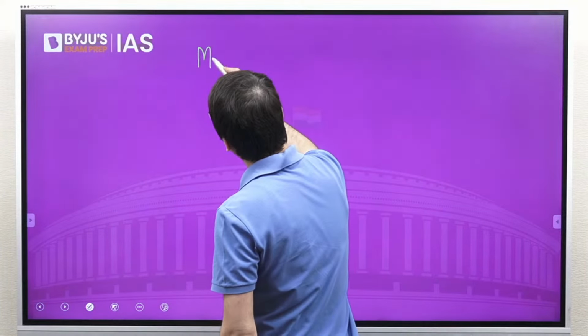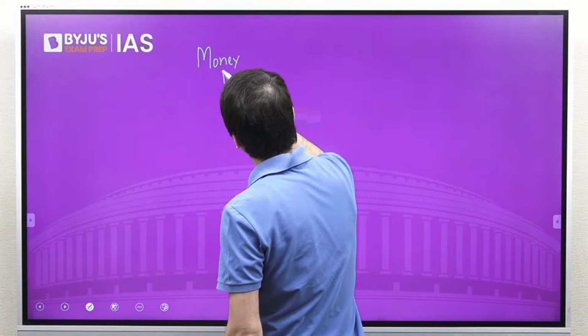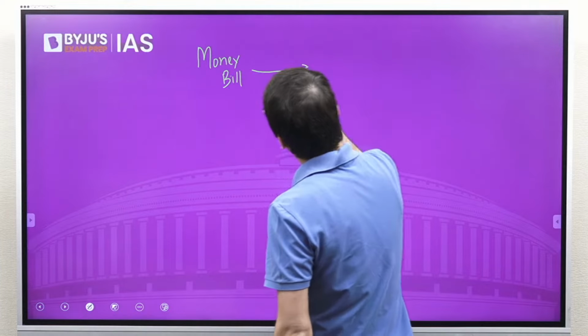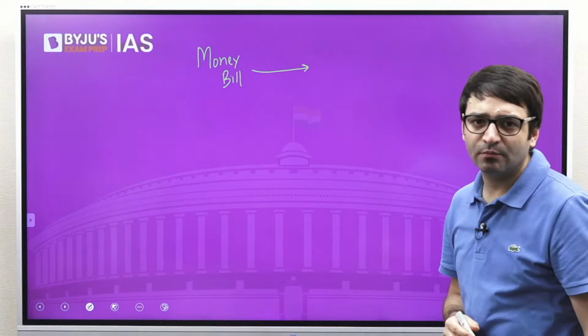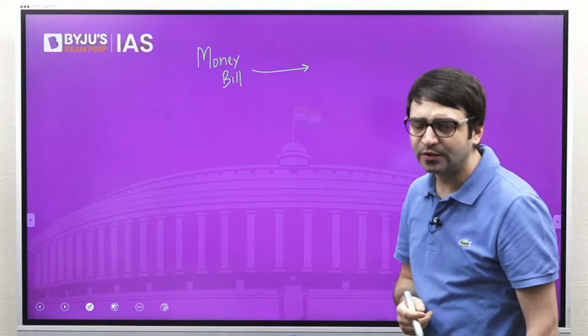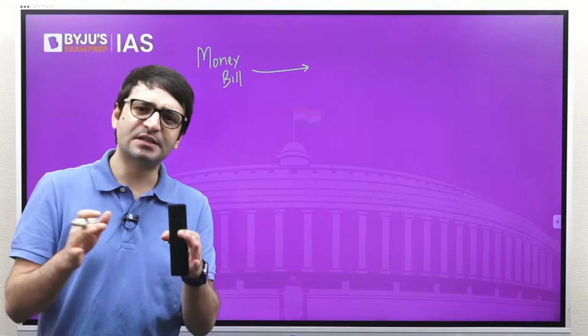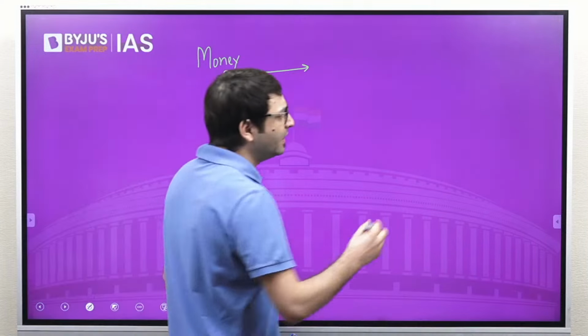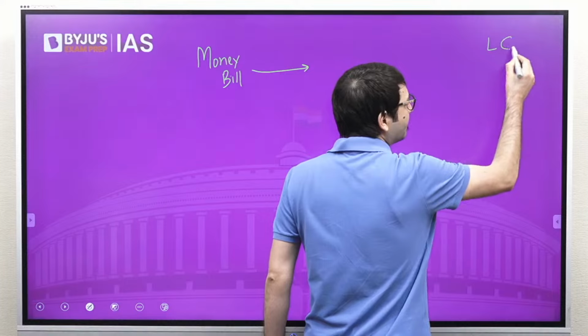Money bill, once it is passed by both houses of the state legislature, because there are some states which have a bicameral legislature, Legislative Assembly as well as Legislative Council. Which are these states?